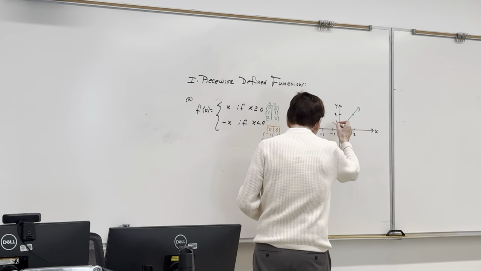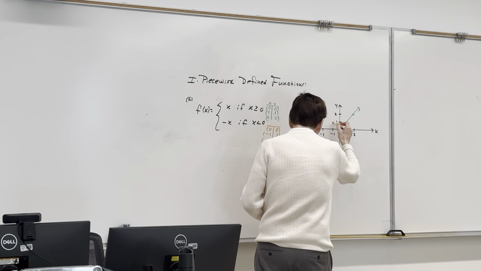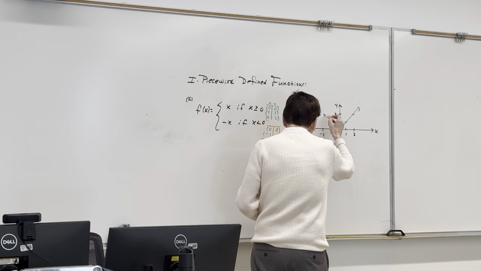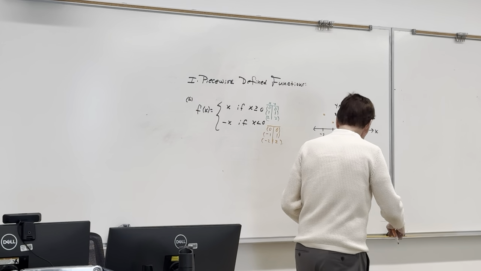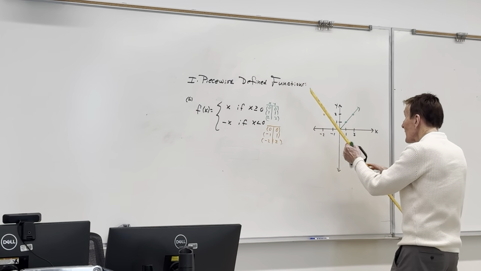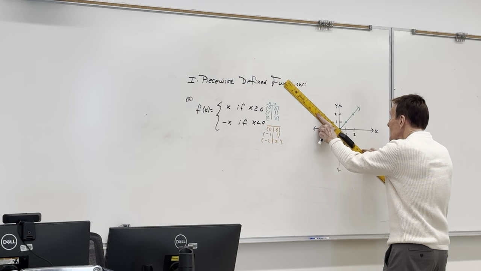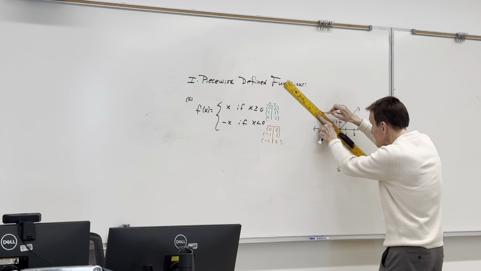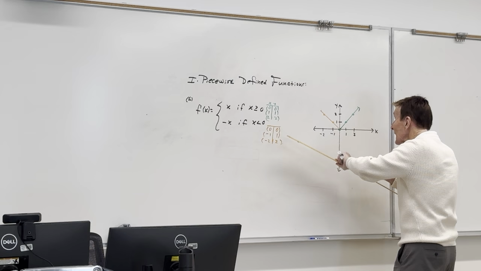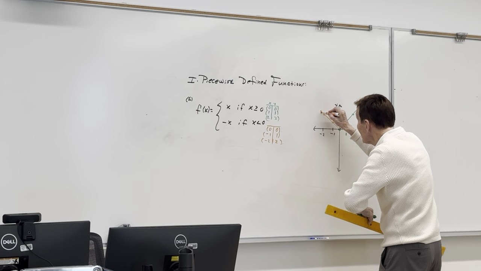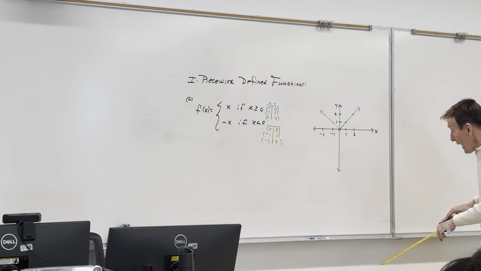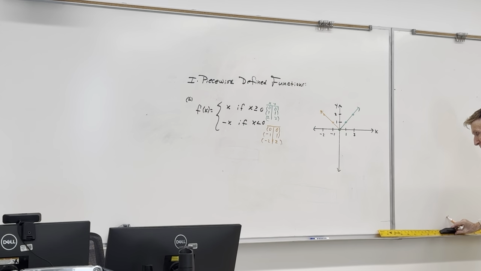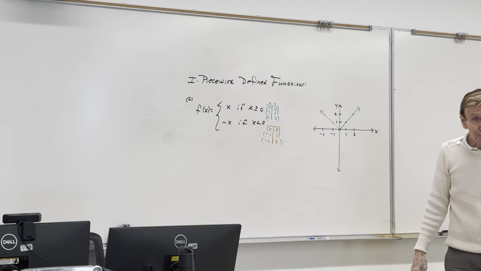Guys, on the orange, I can do this. -2 up 2 here, knowing that 0, 0 is also there. Connect these. And my second piece is gonna look something like that. There's my piecewise function, the graph of it done.